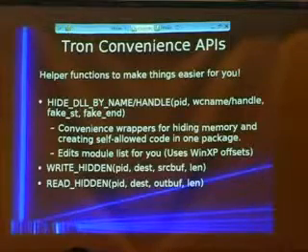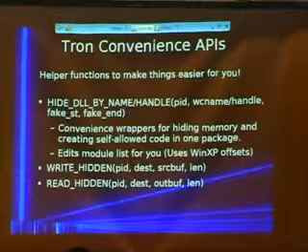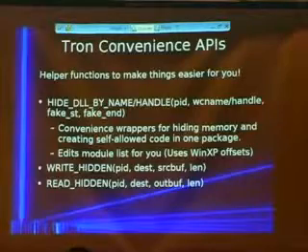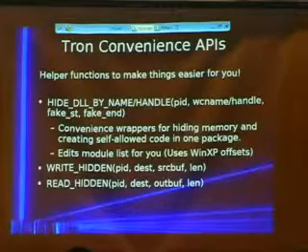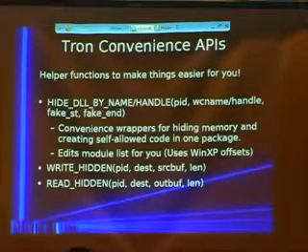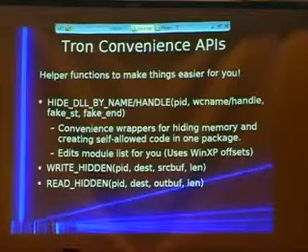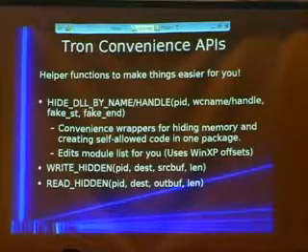And then it hides that whole DLL, edits the module list for you, and uses the WinXP offsets in the module list to delete that thing from the module list. Because if you're working out of process, you probably want to work with the name instead of the handle version because of rebasing that could happen if you LoadLibrary from a different process.